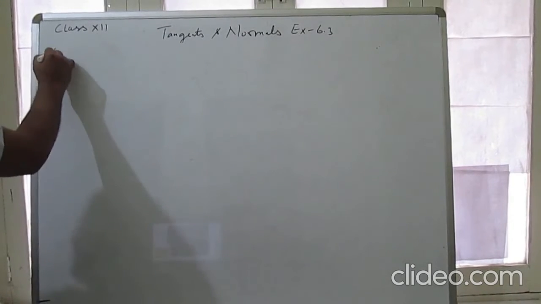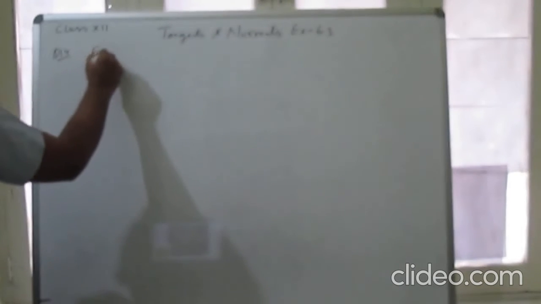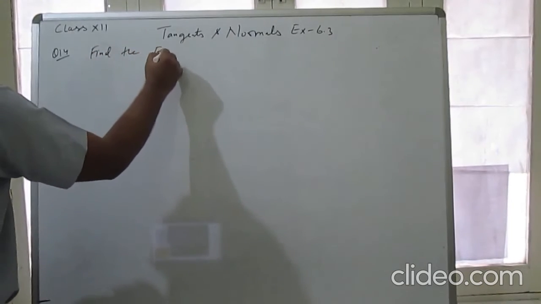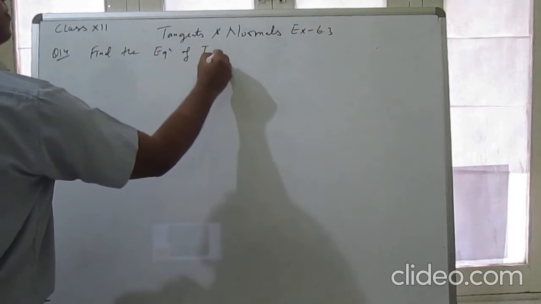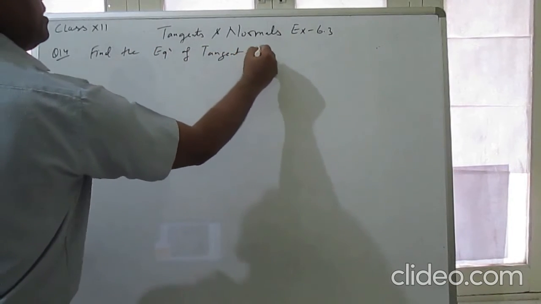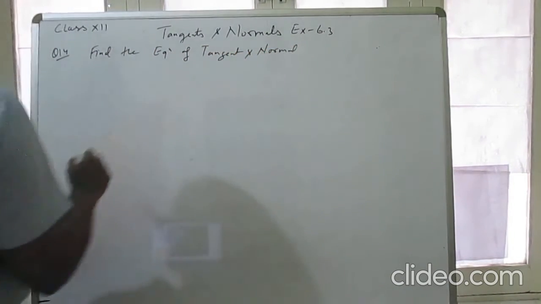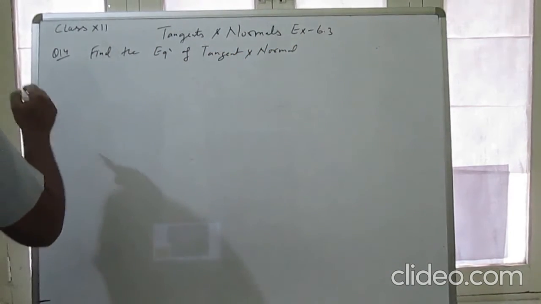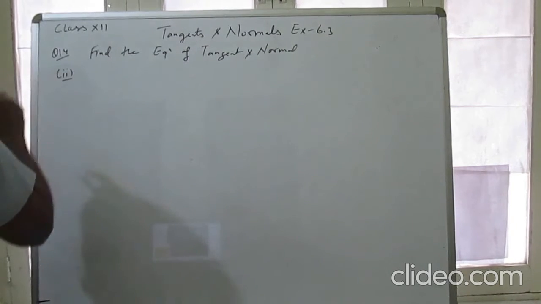Question number 14. Find the equation of tangent and normals. What do we have to find? Find the equation of tangent and normal at the given point. The curve is given, I will take the second part.